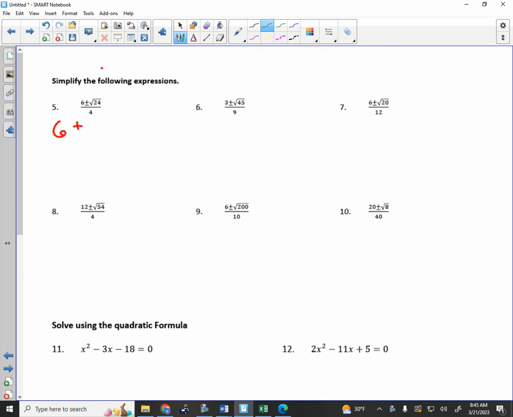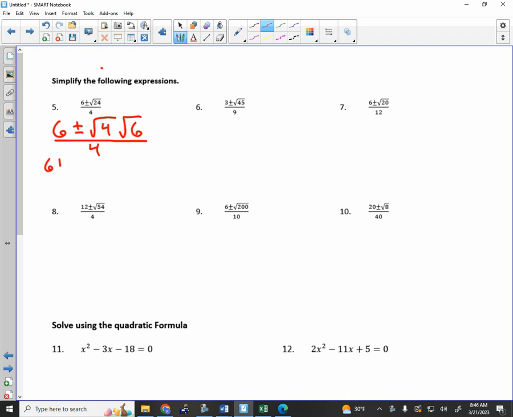What perfect square can you take out of 24? What perfect square divides evenly into 24? Is 4. 4 times 6. So remember, we simplify that because the square root of 4 is 2.